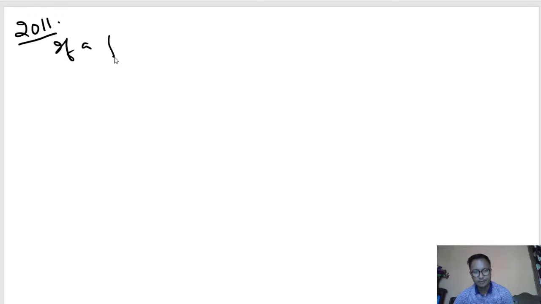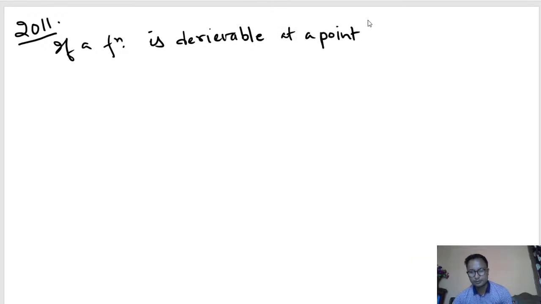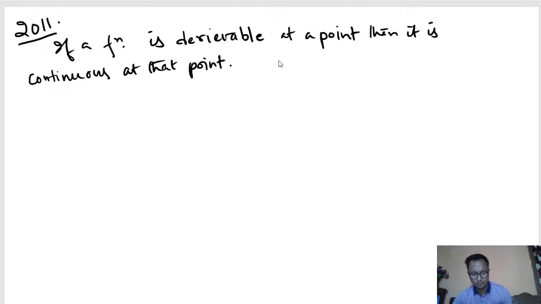If a function is derivable at a point, then it is continuous at that point. This is a 4 mark question: prove that derivable implies continuity.